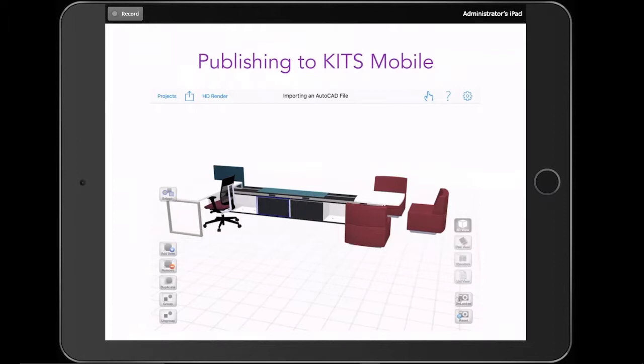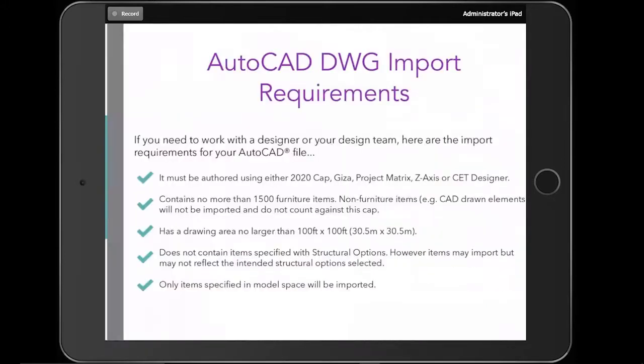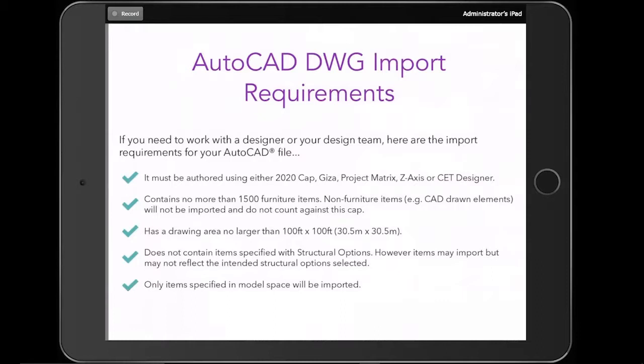So let's first begin with the AutoCAD file import requirements before we get going. Before you start importing, you're going to need to meet certain requirements with your AutoCAD file. On the screen you can see the top 5 things that you need to do. Your file has to be authored with 2020 CAP, Giza, Project Matrix, Z-Axis, or CT Designer.